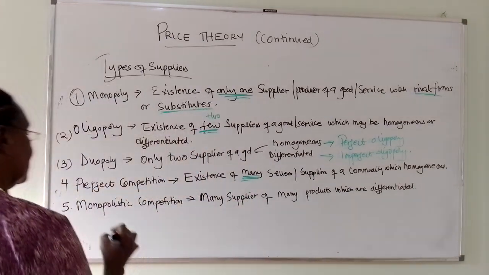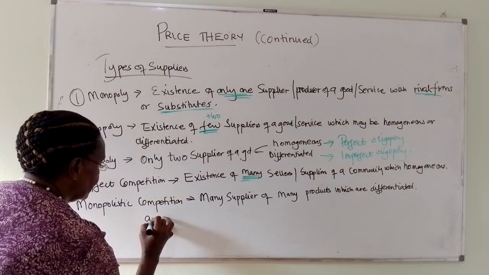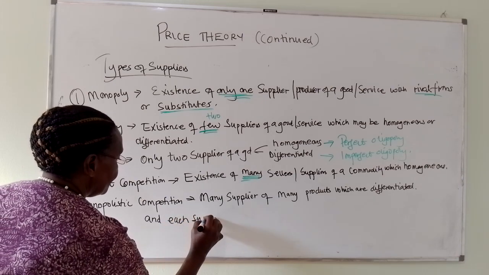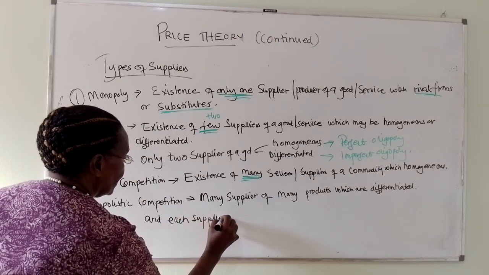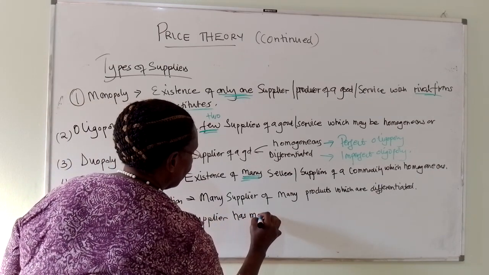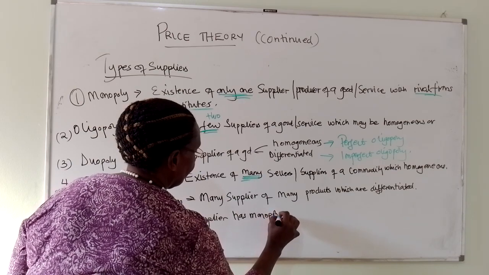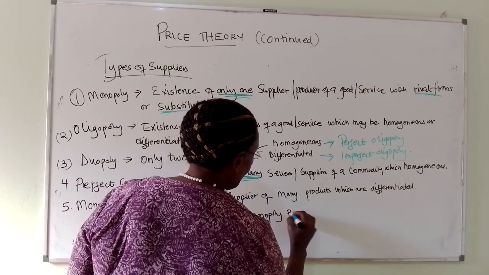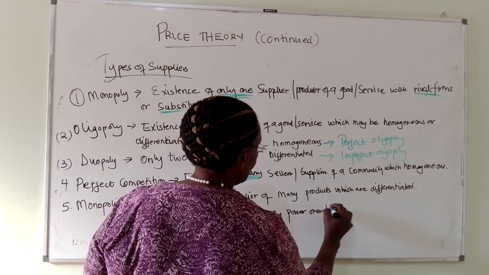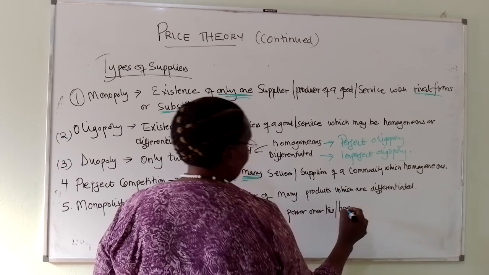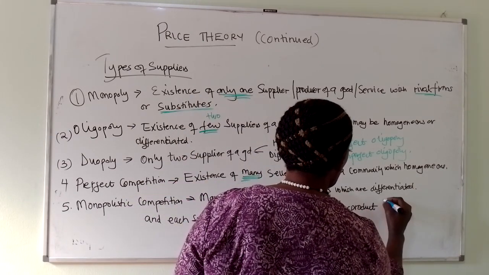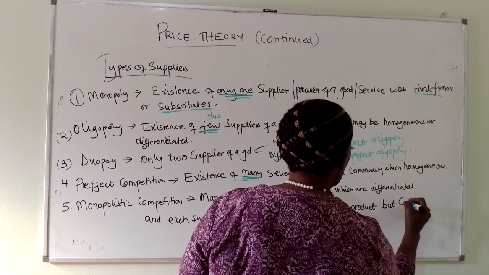And it is observed that each supplier has monopoly power over his or her product, but competition is in the market.